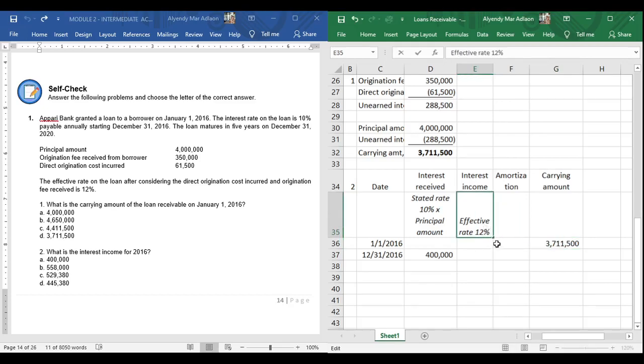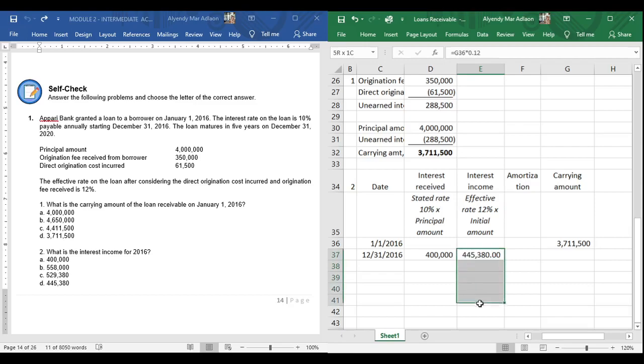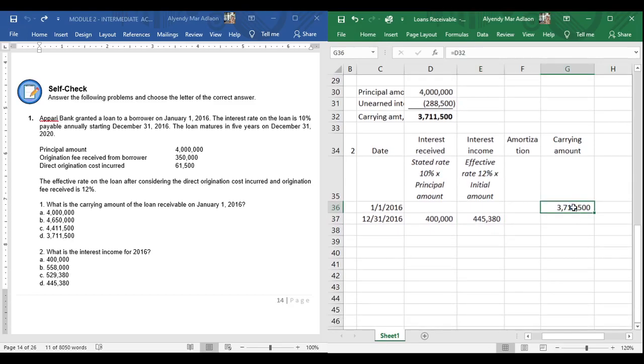So, I place here the initial amount or initial measurement times the effective rate. That would be 3,711,500 multiplied by 12%. Again, the borrower does not know about the 12%. They do not know about our measurement of their loan. All they know is that they borrow 4 million and pay 10%.